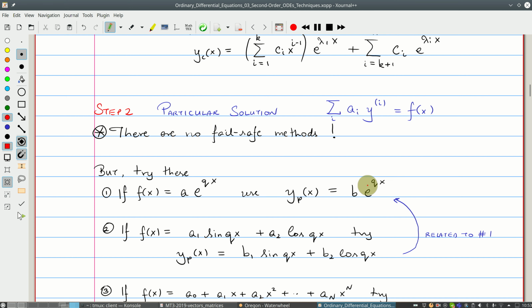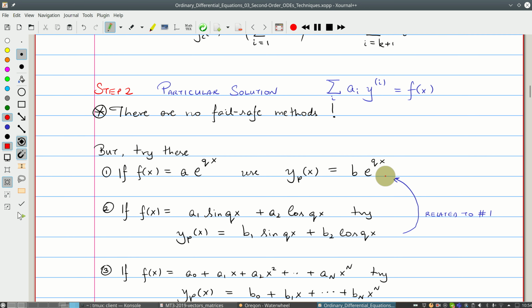So we've kept the exponential the same, but we've changed the constant. Similarly, if this source function f is a1 times sine qx plus a2 times cos qx, try a particular solution of the form b1 sine qx plus b2 cos qx. Now you can see this is related to the first case.